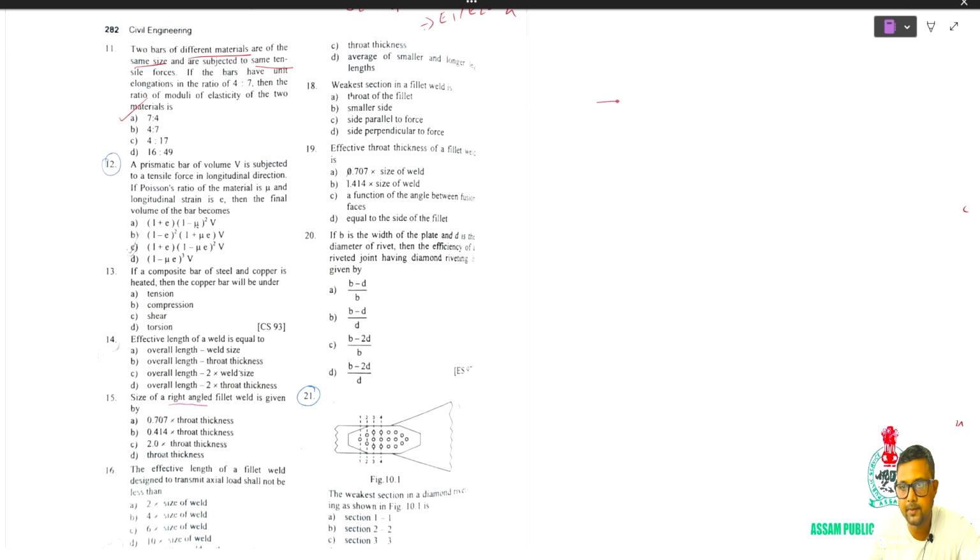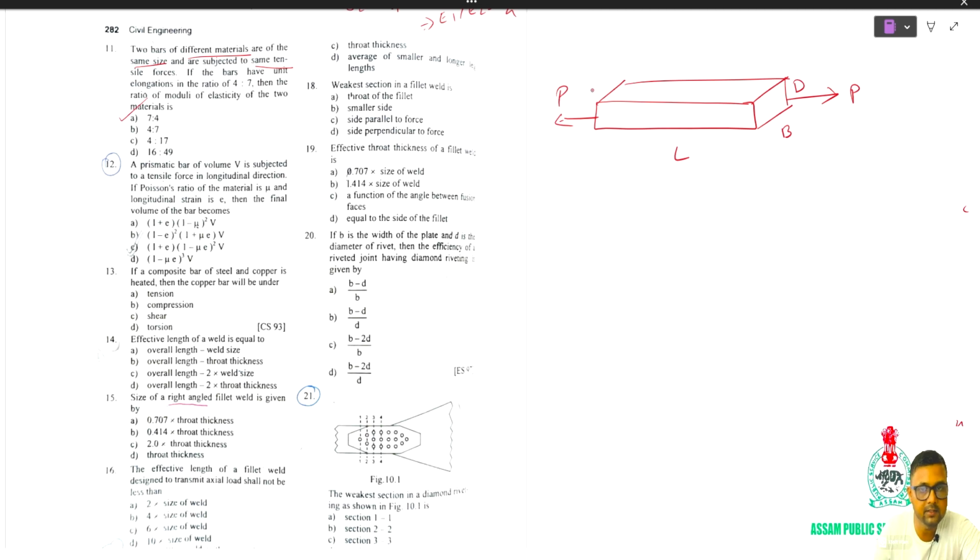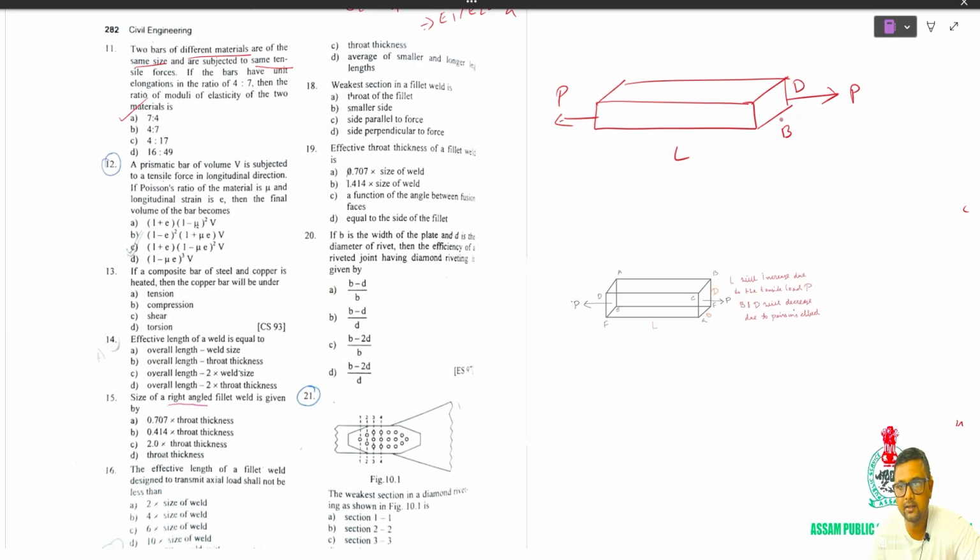One prismatic bar is there with length L, breadth B, and depth D. P tensile force is applied. Now, what is the final volume? Due to the tensile force, the length will increase, and due to the Poisson's effect, the breadth and the depth will decrease.